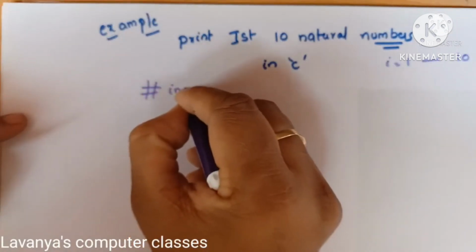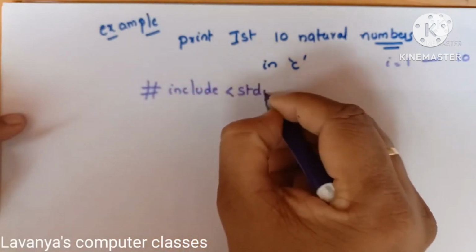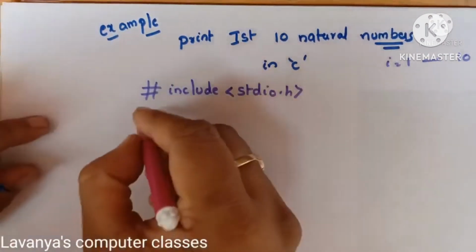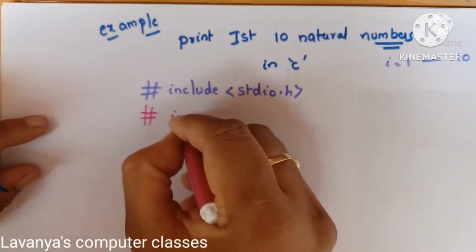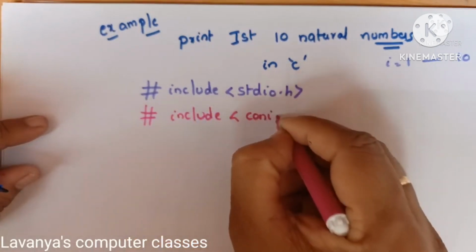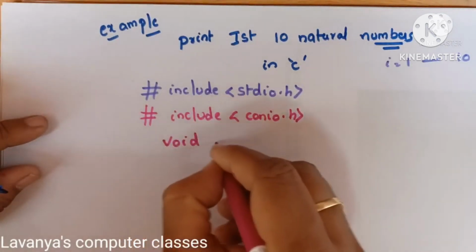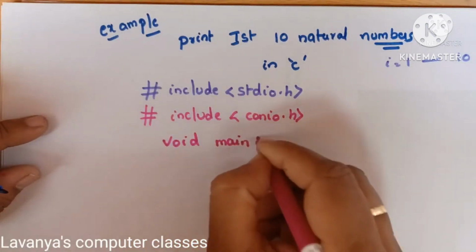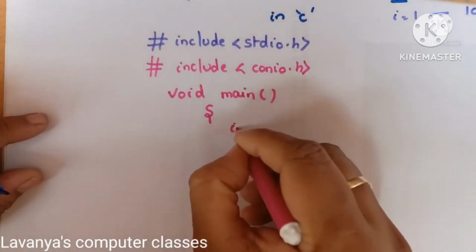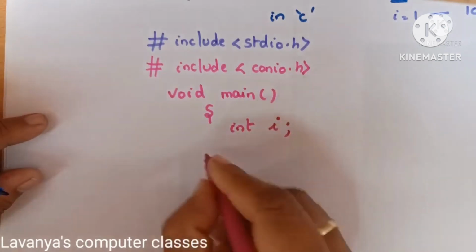#include stdio.h, the standard input output header file. Then #include conio.h, console input output. Then void main. Here we require only one integer, that is int i. It is an integer data type.